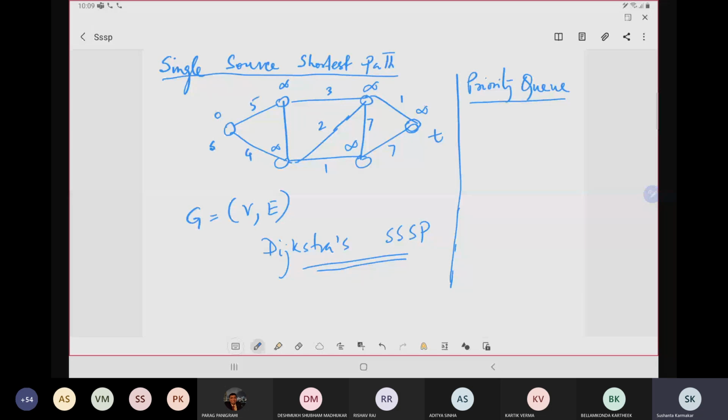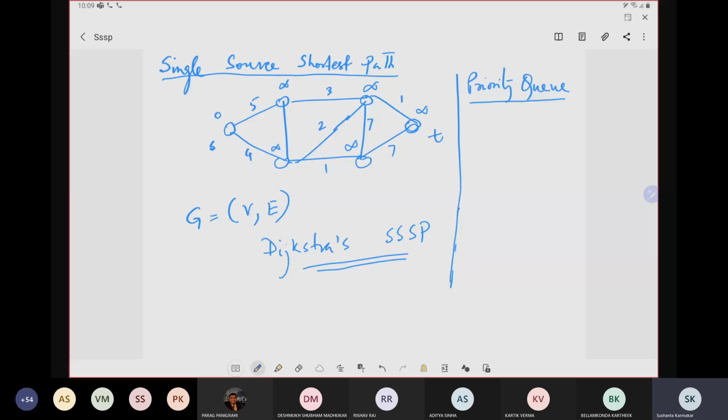It's not just a FIFO queue, first in first out. It's based on priority. Every element has a priority value, and the smallest priority value comes ahead, taking earlier places in the queue. So here, what is the priority? It is the shortest distance from the source. That is the priority value.